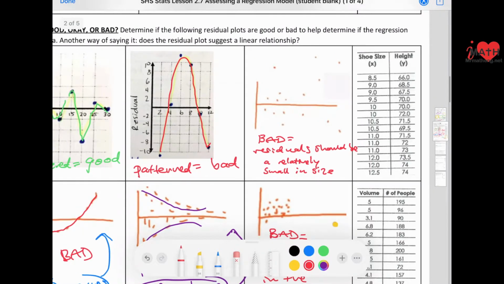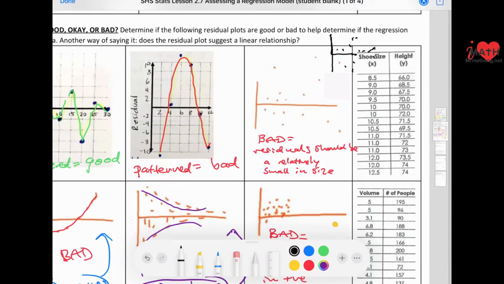Okay? How about shoe size? Did you have time to put that in there? Okay, so if you did the shoe size, this one doesn't look like there's a pattern. I'll just kind of quickly draw what mine look like. And hopefully your graph kind of looks something like that.